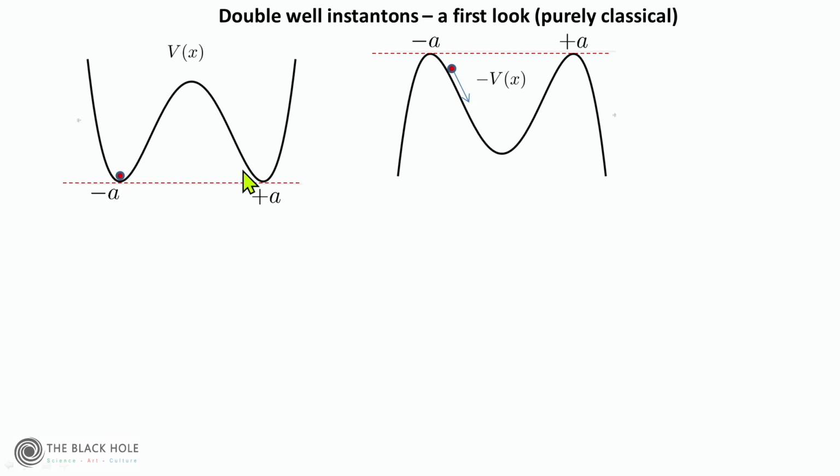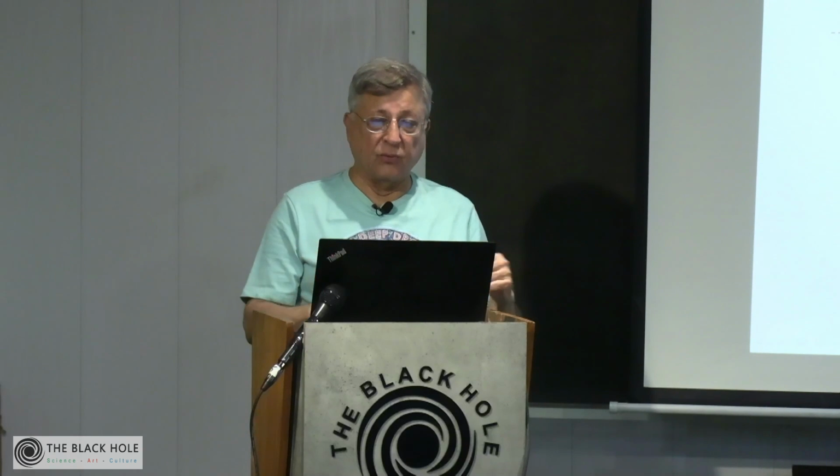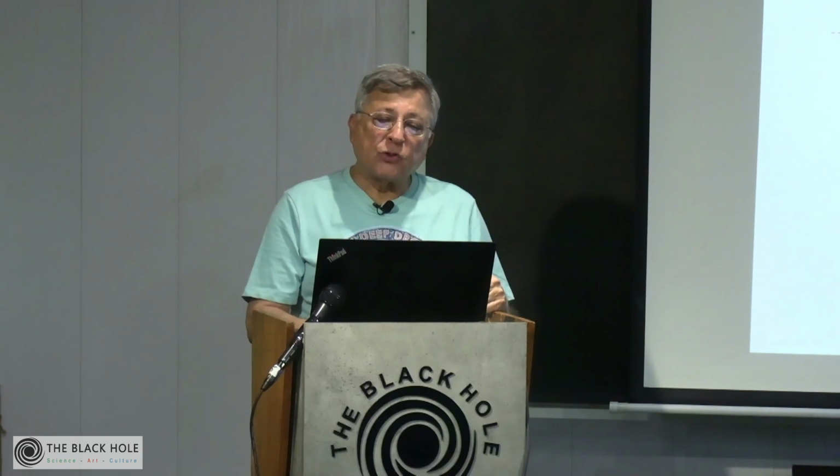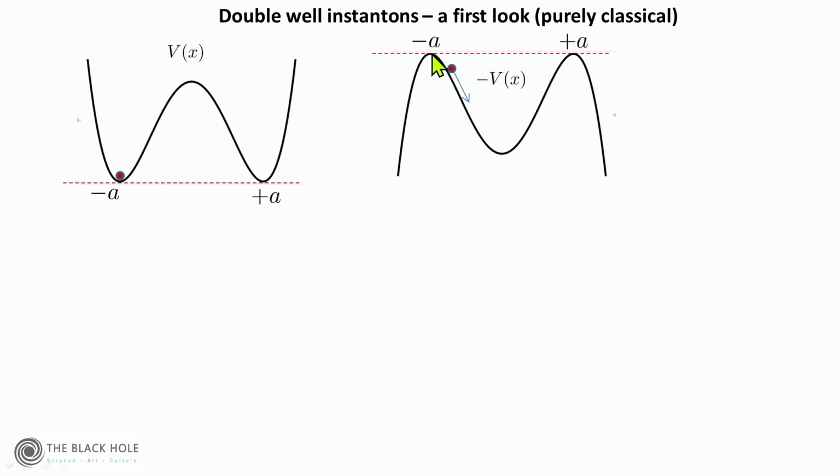Normally, it wouldn't be able to go from here to here, but of course, we know through tunneling it can possibly do that. Suppose you were to put this particle at the top over here. Now, what is this top? This is v of x, this is minus v of x. So what is a minimum has become a maximum. From the maximum, it will roll down.